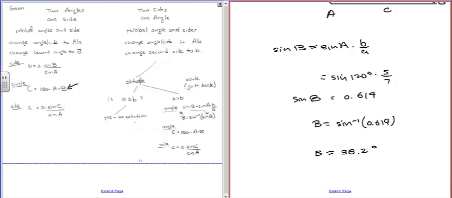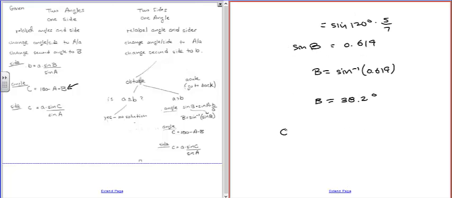Okay, so that's angle B. Now, the next thing you do is you can find angle C, that's 180 minus angle A, which is 120, minus angle B, which is 38.2. And this will always work out so that you have something left over. So you have 180 minus 120 minus 38.2, which is 21.8 degrees. So these are all degrees.